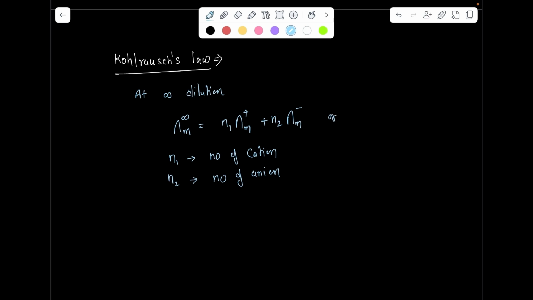In some books it is given that way, where they have used lambda plus and lambda minus. N1 and N2 are the number of cations and anions. This is the molar conductivity.